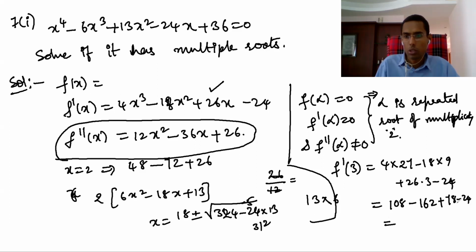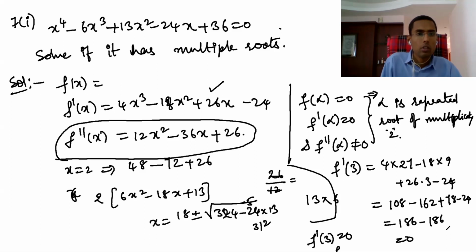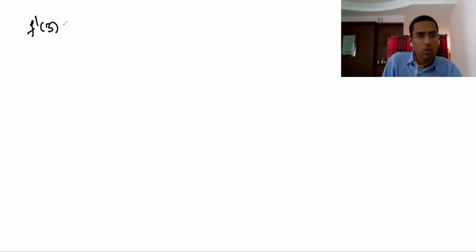This is going to be 186 minus 186, which is 0. That means f dash of 3 is 0, and f of 3 you can check, that's also 0. Therefore 3 is a root of multiplicity 2.